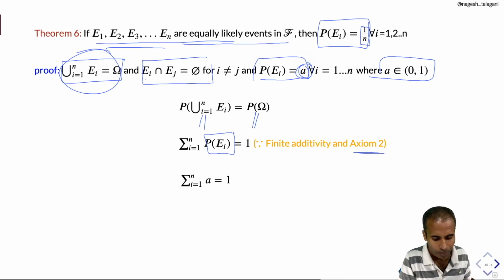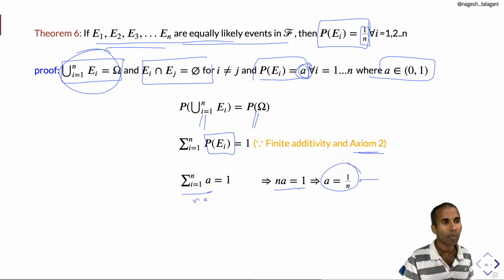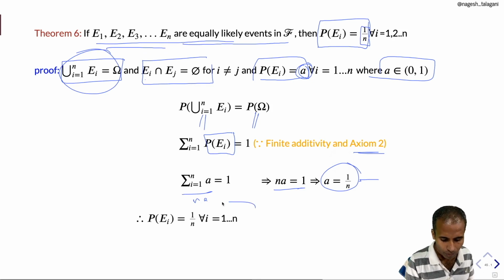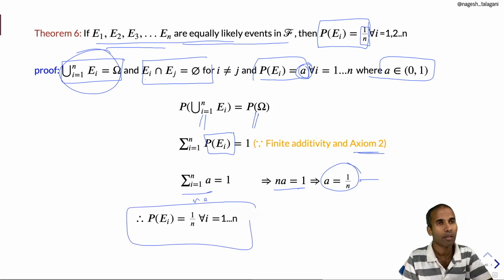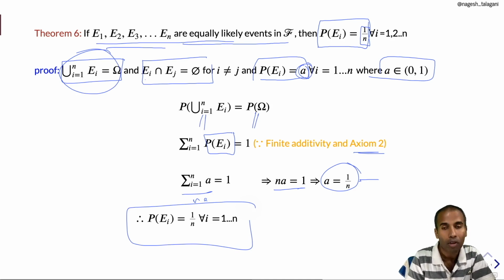If I write that, then the left hand side will be nA, this will be nA equal to 1, that will give A equal to 1 by n. So therefore, what is the probability of Ei? That is equal to 1 by n. We know that equally likely means we should have the same probability of occurrence for each event, but now I am saying that the same probability must be equal to 1 by n when you have n equally likely events like this.